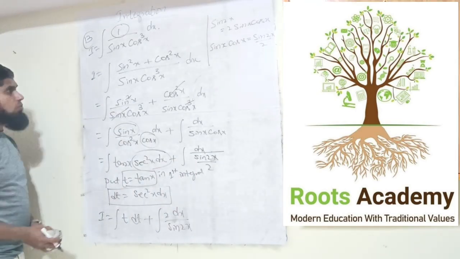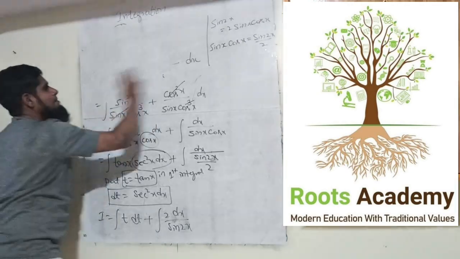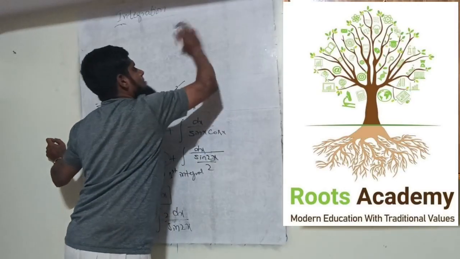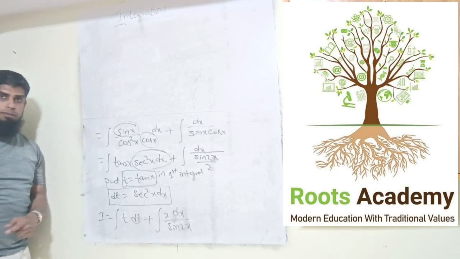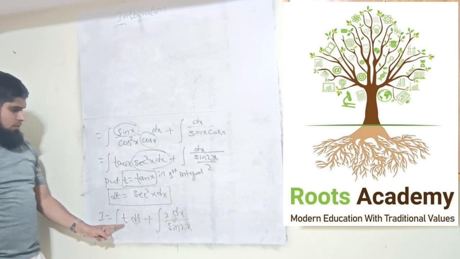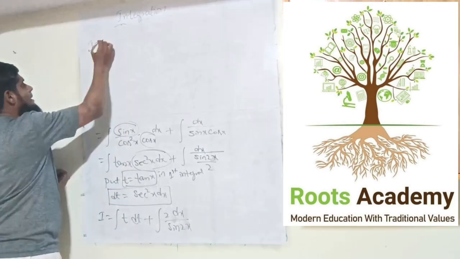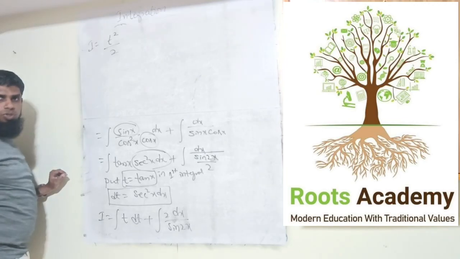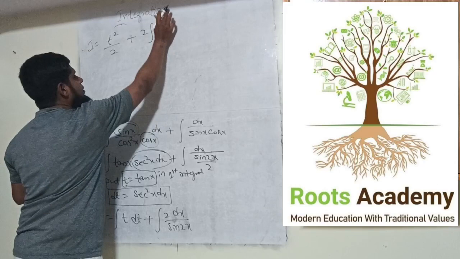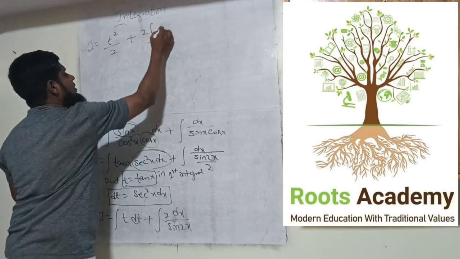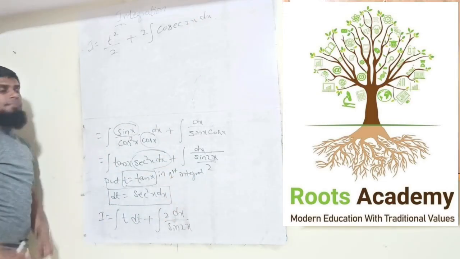So 1 by sine is cosecant 2x, and the integration of t is t square by 2, plus 2 is outside the integral, into, as I said, 1 by sine is cosecant 2x dx.